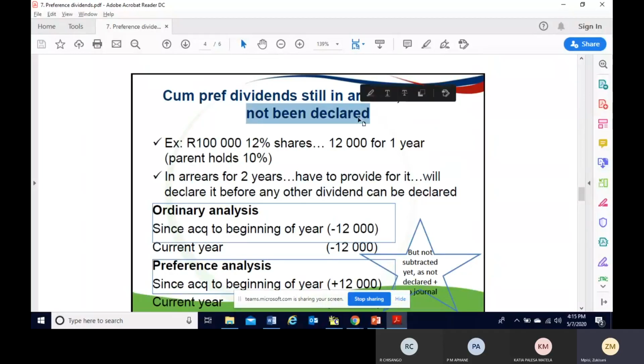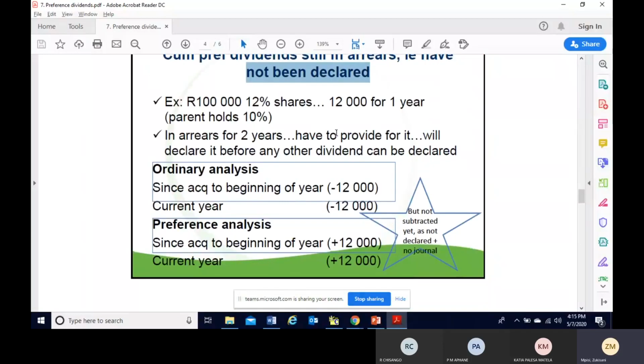So it has not been declared, but it is in arrears. So you are told, for example, 100,000, 12% shares, 12,000 for 1 year, parent holds 10%. In arrears for 2 years, have to provide for it. It will be declared before any other dividend can be declared.